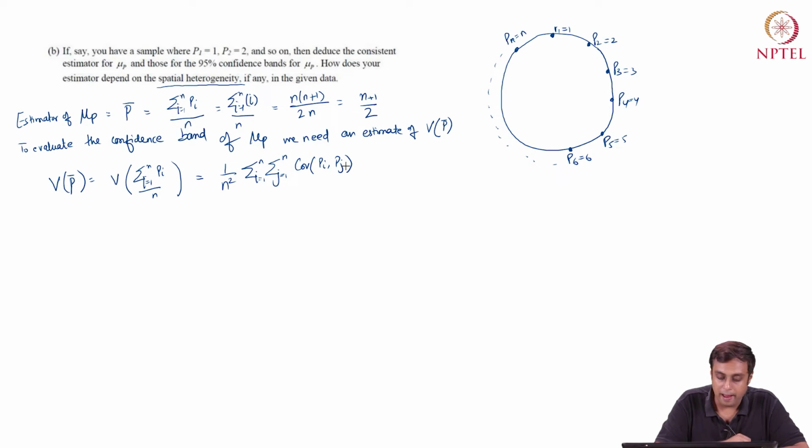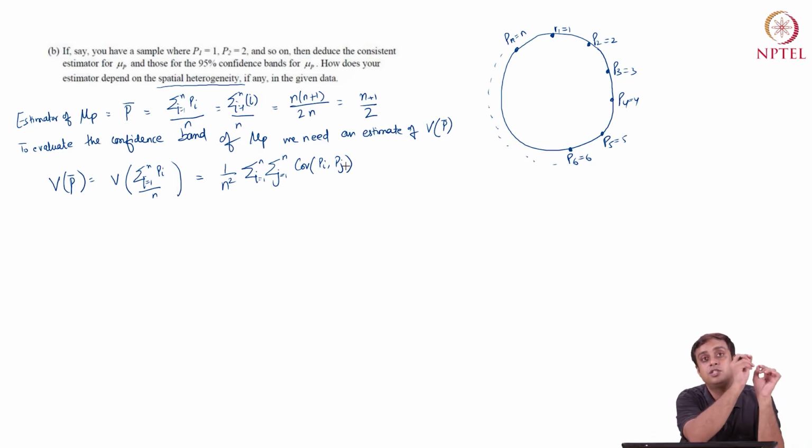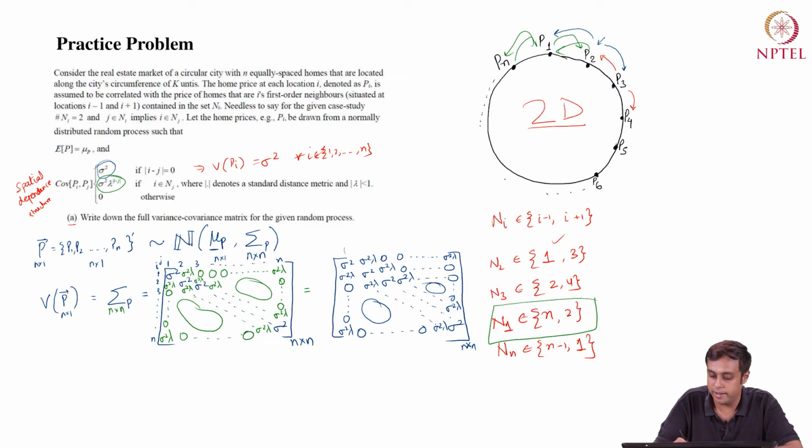Now to sum these covariances for all different combinations of i comma j, remember, i can take value 1 and j 2 and vice versa. i can be 2 and j 1. So we have to double count these things. What we are really doing when evaluating this double summation operator is counting all the elements in the variance-covariance matrix.